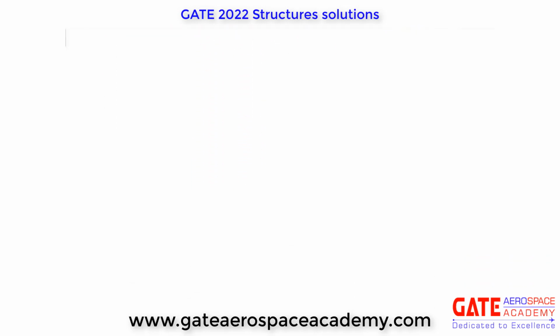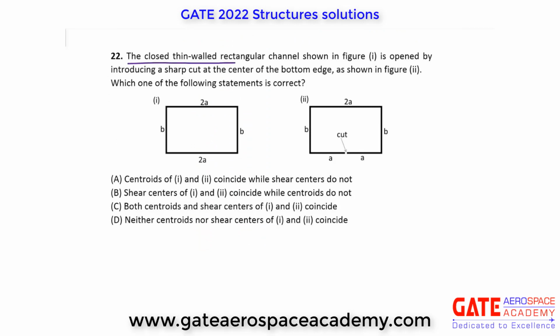Question number 22. The closed thin-walled rectangular channel shown in the figure 1 is opened by introducing a sharp cut at the center of the bottom edge as shown in the figure 2. Which one of the following statements is correct?